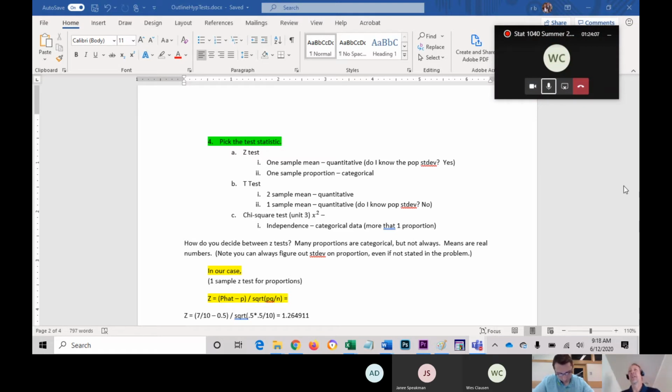Who needs more time? Step 4 is probably the hardest step. And you thought finding the null and the alternative was hard, and it is.